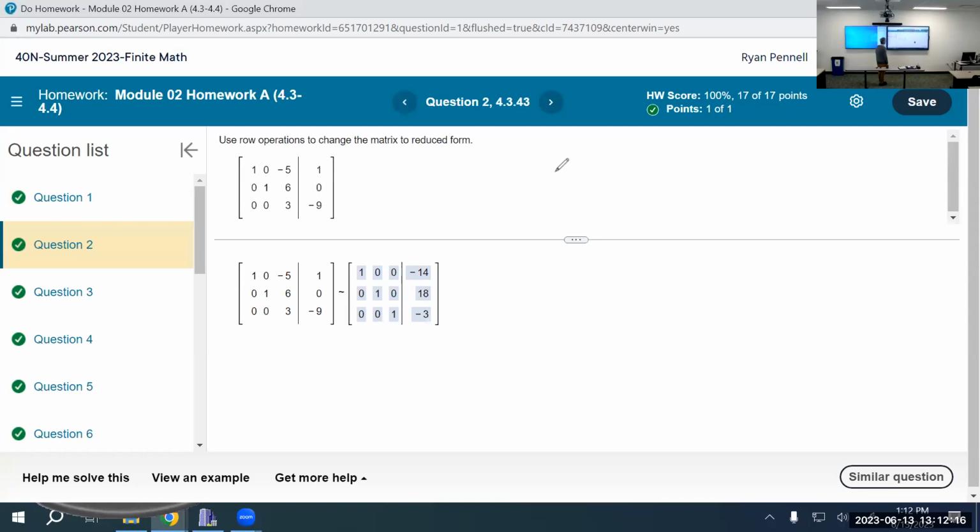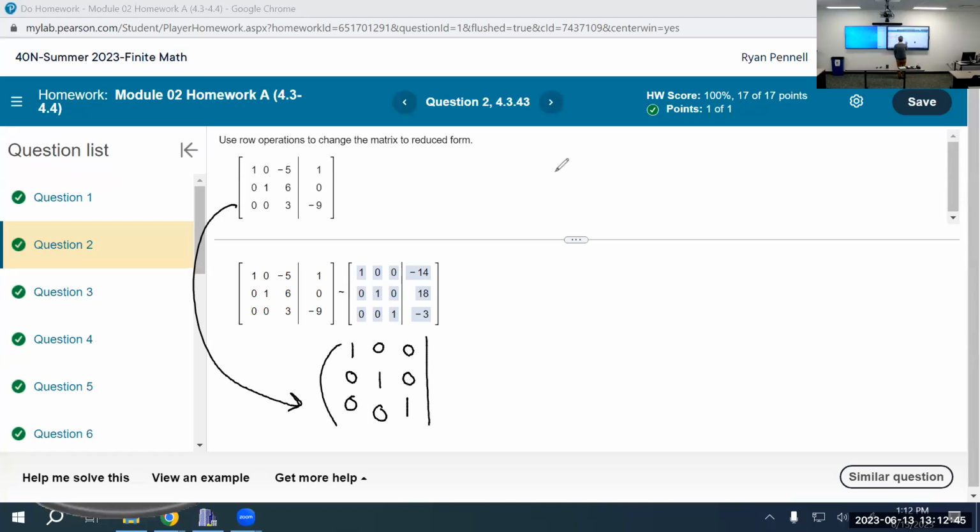This is very similar. Use row operations to change the matrix to reduced form. It feels like it's almost done, but I just need to finish it. What I'm looking for with this type of problem is for this to turn into something like 1, 0, 0, 0, 1, 0, 0, 0, 1, and then this will be some number, this will be some number, and this will be some number.